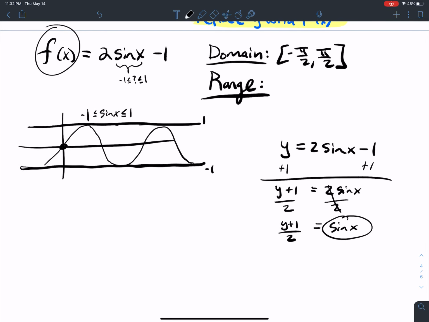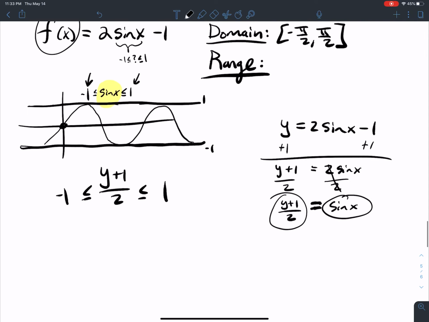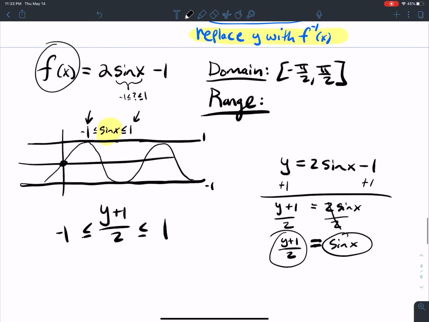Now, what do we know about sine x? It's stuck between negative 1 and positive 1, right? And sine x and y plus 1 over 2 are equal to each other. So I'm going to replace sine x with y plus 1 over 2, stuck between negative 1 and positive 1, and solve to get a range bound for my y values.